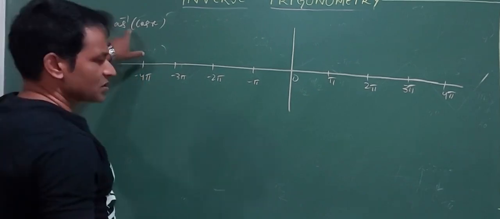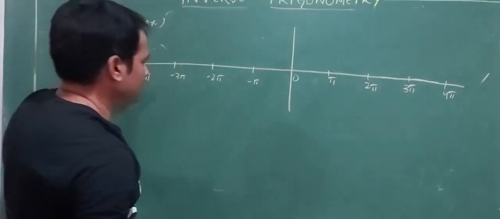What is the principal range of cos inverse? 0 to pi.